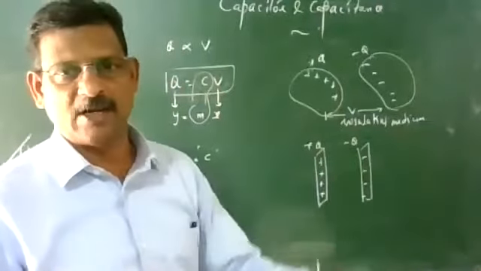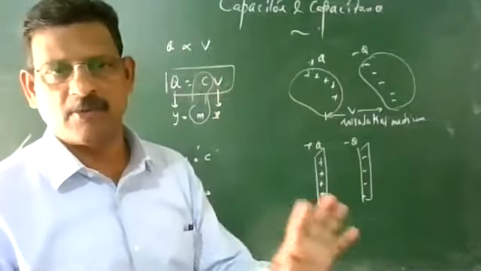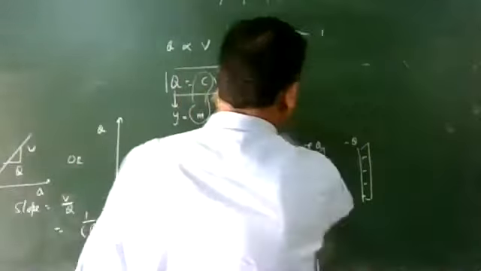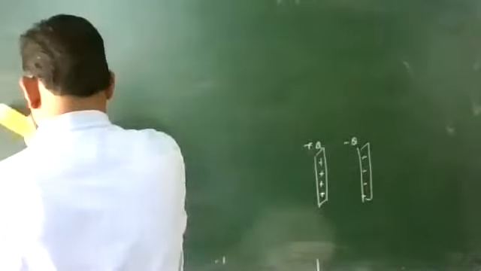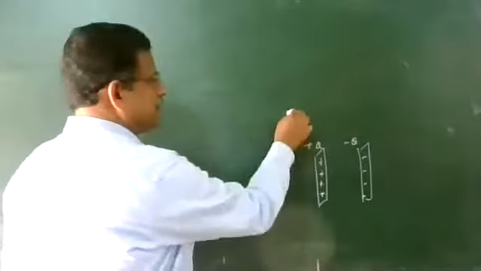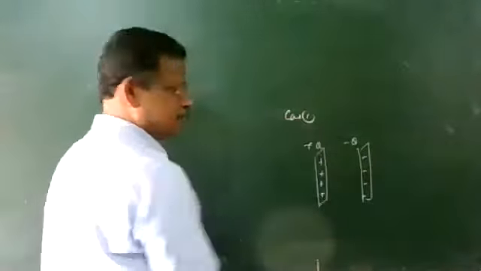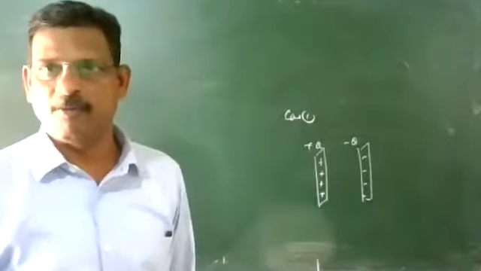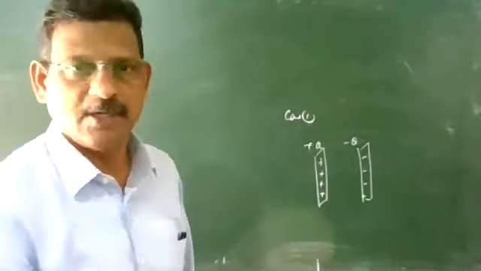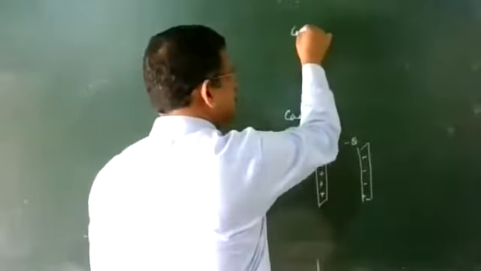It can be rectangular plates or circular plates. Case one is the parallel plate capacitor. The conductors are in the form of plates arranged parallel. One has plus Q charge, one has minus Q charge.